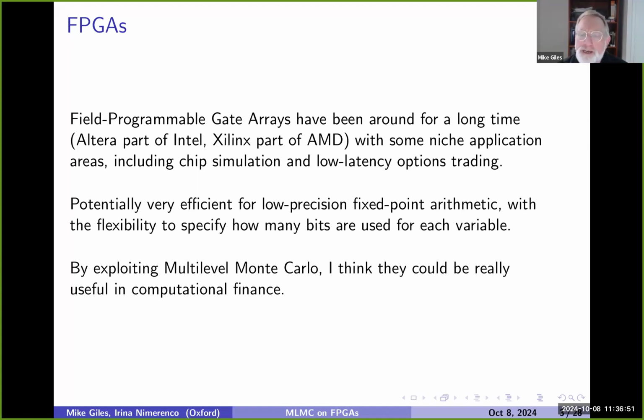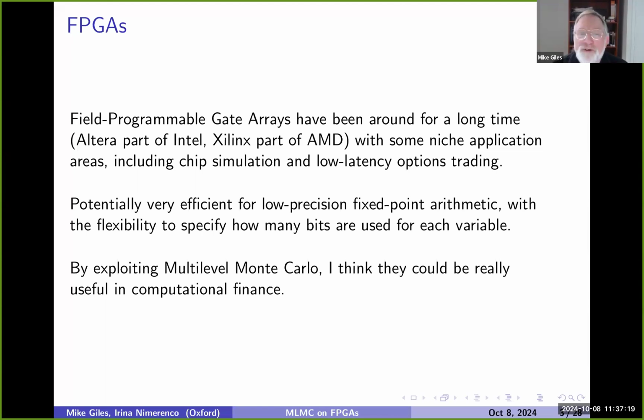In particular, because there's very little built in as a starting point, you can control for each individual variable in your calculation how many bits you use to represent that variable. And so by going to really very reduced numbers of bits, there's a potential for highly efficient calculations.